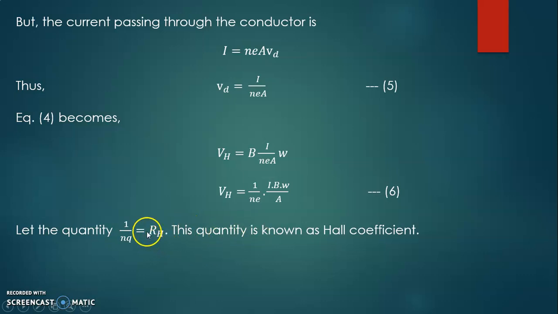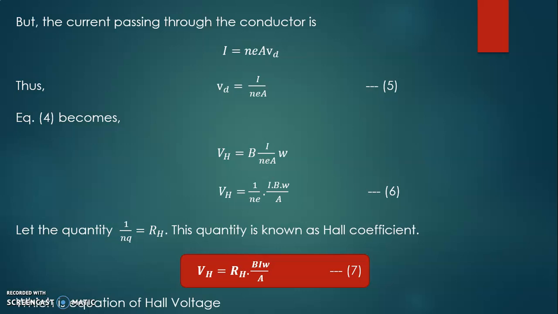This is R suffix H, and it is known as the Hall coefficient. So we can write equation number 6 as V suffix H is equal to R suffix H into B I W upon A. This equation number 7 gives the Hall voltage. I am repeating, V suffix H is equal to R suffix H into B I W upon A, which is the Hall voltage.